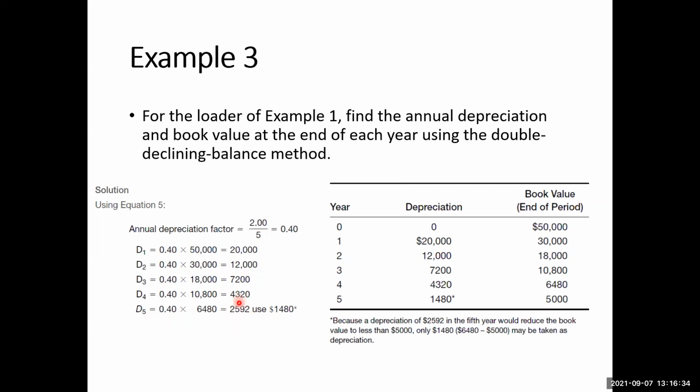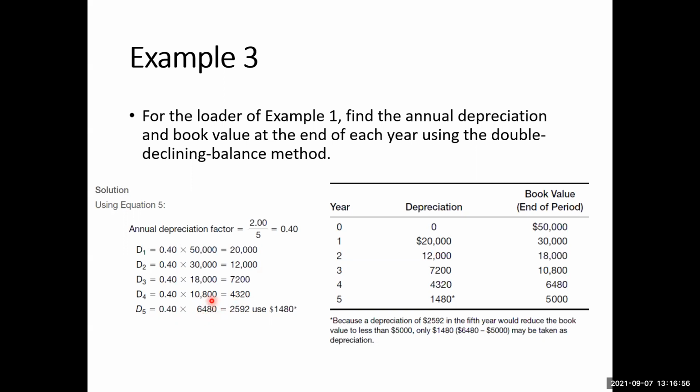So for example, over here now, D4, we reach a depreciation value of 4,320. So if we take 10,800 and subtract 4,320, we get 6,480.